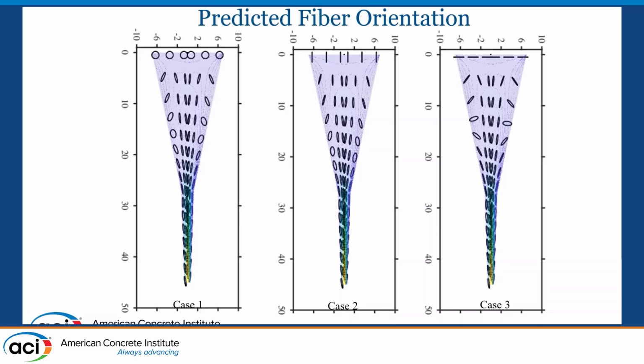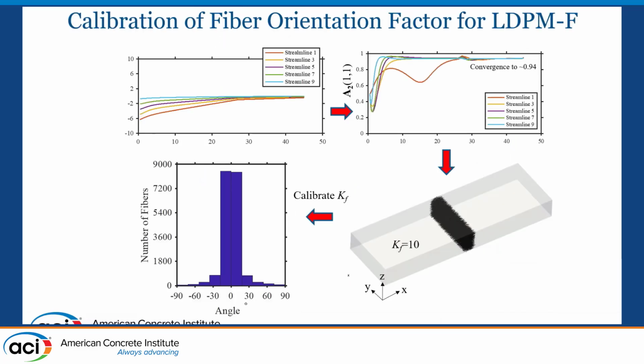Similarly, if I start with a perfectly oriented state, perfectly along the flow path, you see again it's getting oriented, although it has some changes in the middle. Similarly, if it is perfectly perpendicular to the flow direction, it still orients the fiber at the end. So from the streamlines we calculate the fiber orientation factor. We feed this data, we generate the fibers in the solid model, and we calibrate the fiber orientation factor in the solid model.